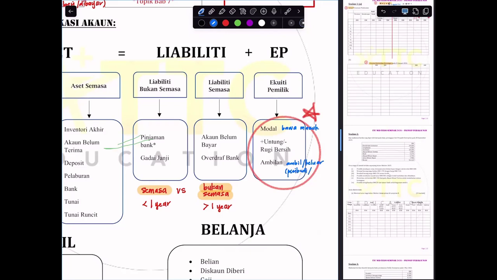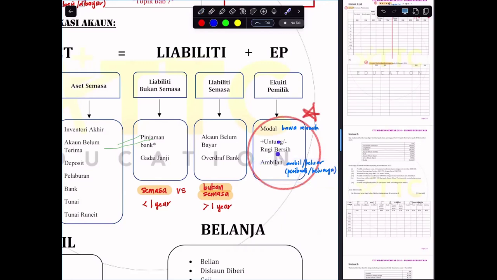Make sure that is a term for family use lah, sendiri lah, for isteri lah, for anak lah. As long as you see there's a specific term for personal use, then you can only consider it as ambilan lah. But if it is not for personal use, especially not mentioned in the question, it cannot be considered as ambilan lah. So bear in mind that ambilan can only be provided if there is a specific term referring to personal use.